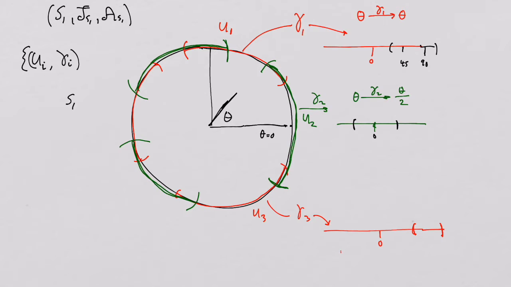And the transition mapping, for example, in this case, gamma 3 inverse followed by, say, gamma 2, would just be valid for this region in here, which I would call U23. And U23 can obviously be mapped either this way or this way.